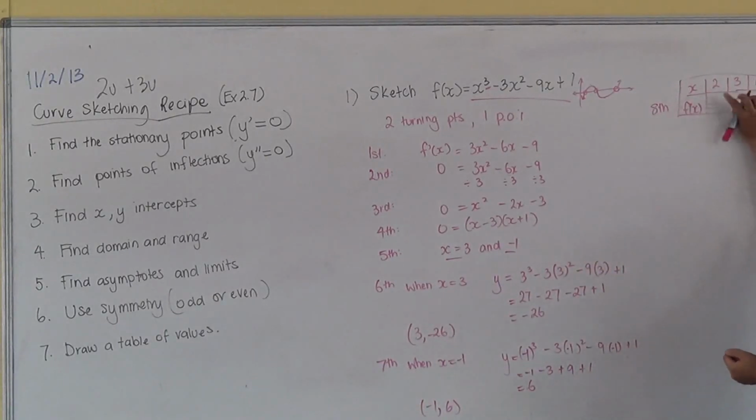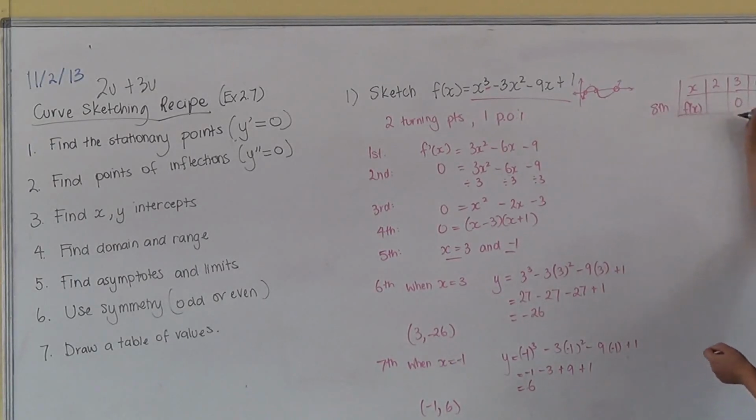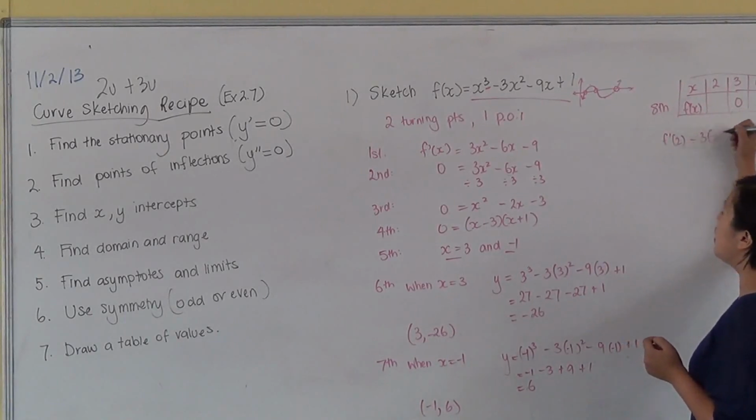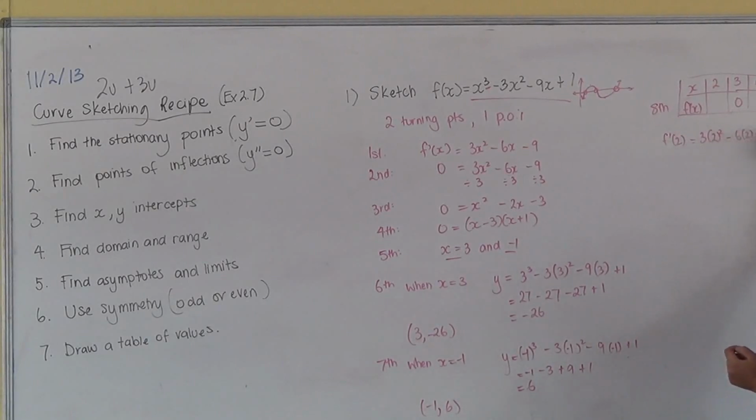Substituting 2 into the first derivative: f dash 2 is 3 times 2 squared minus 6 times 2 minus 9.